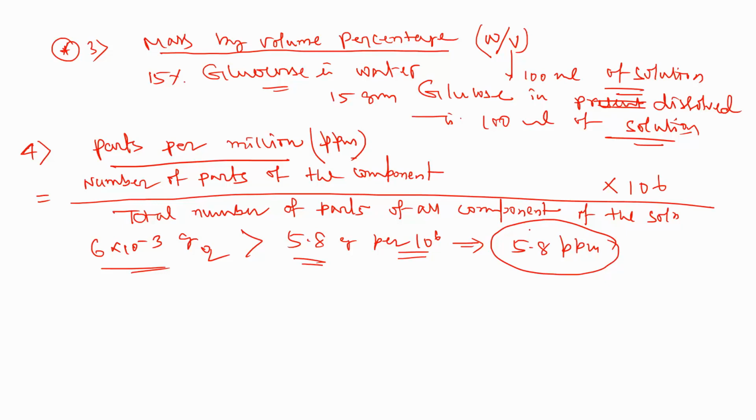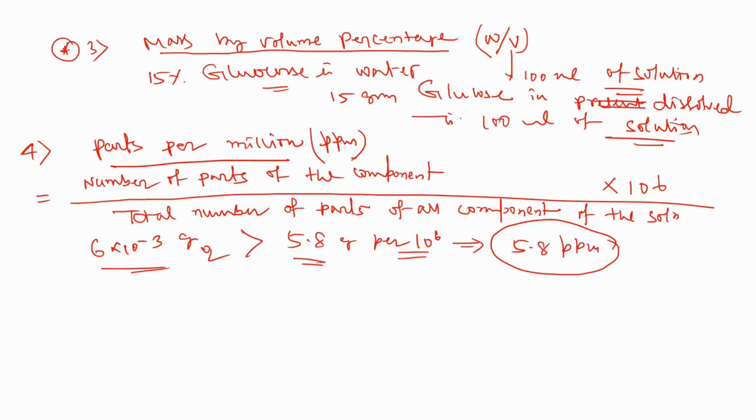We use the ppm when we get very little amount of parts from a huge amount of solvent molecules, a huge amount of the solution.